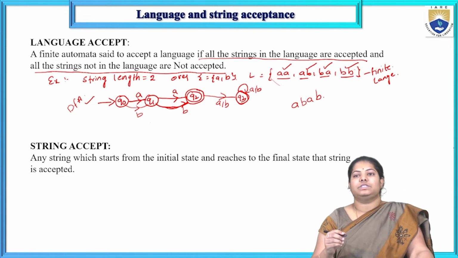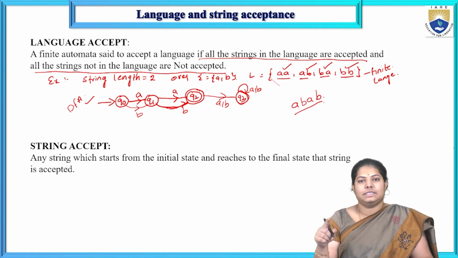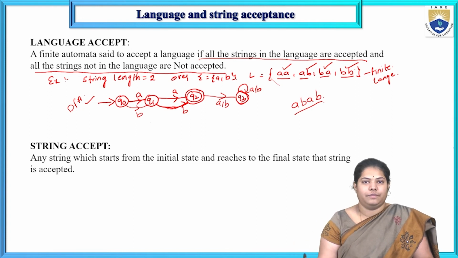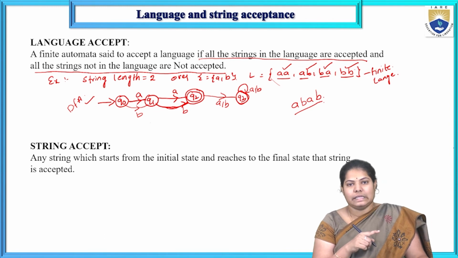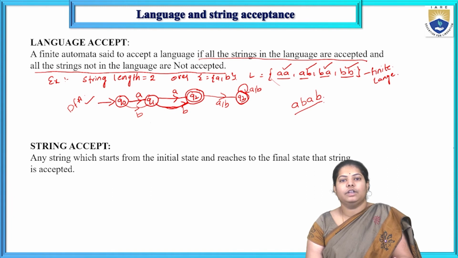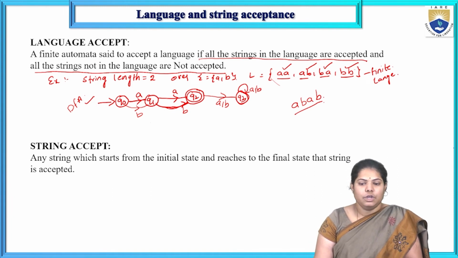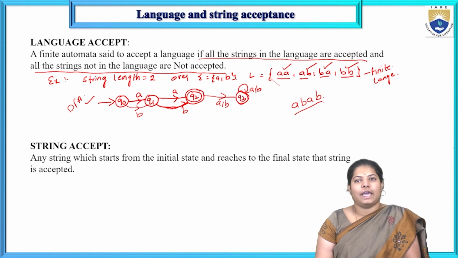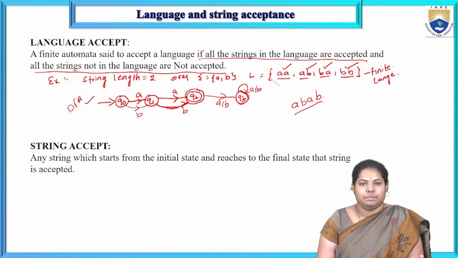That means a string longer than 2 reaches the dead state and dies there itself. It cannot come back to the final state and get executed. Any length string we take will not get executed except the string length of 2. So this type of acceptance is called language acceptance.